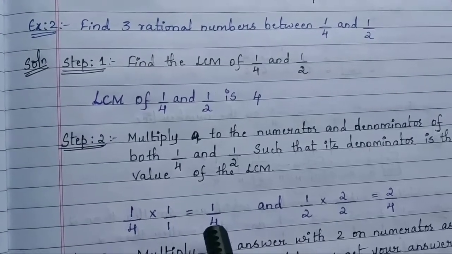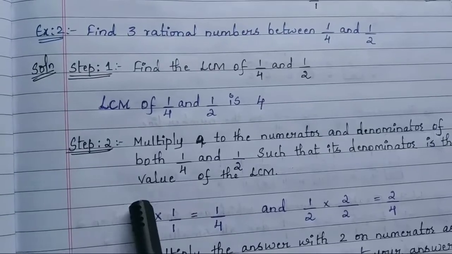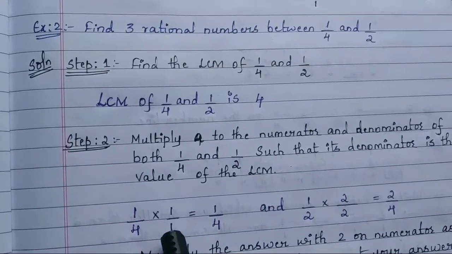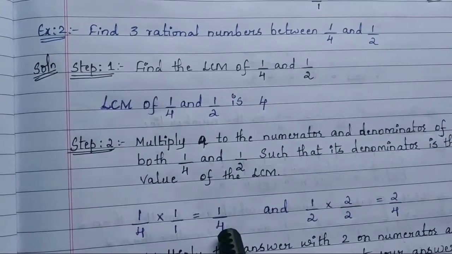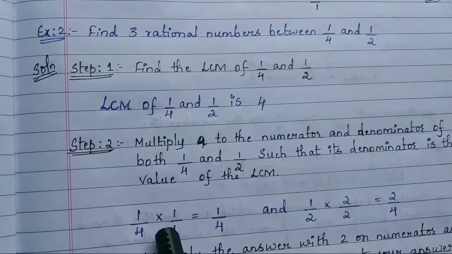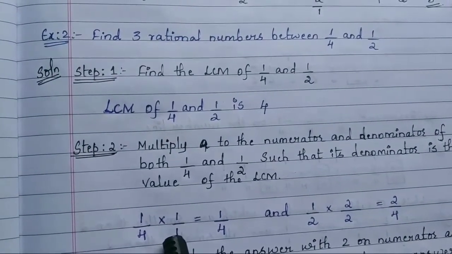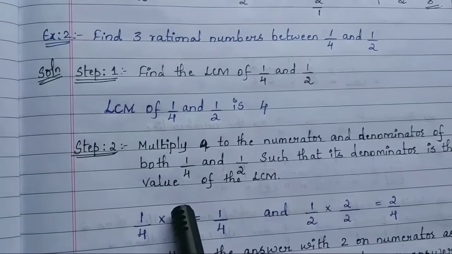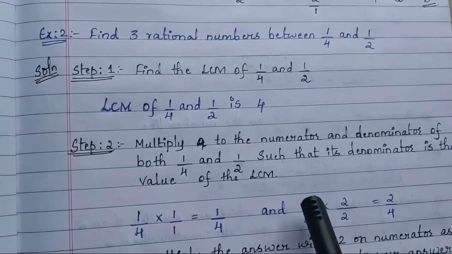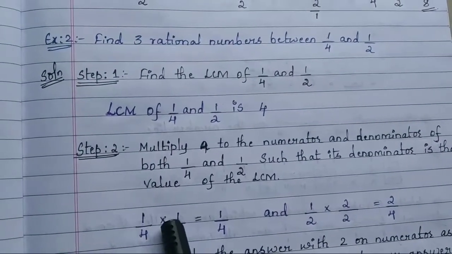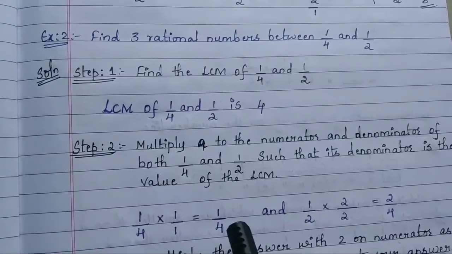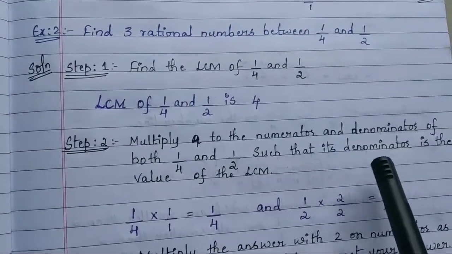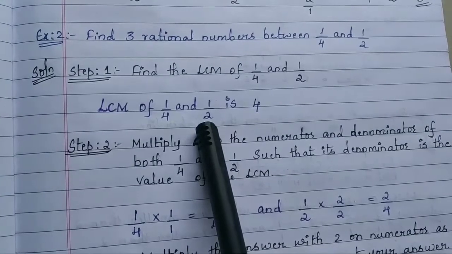You can see 4 is our LCM and our question is 1 by 4. So when we multiply 1 to this 4, we get 4. When we multiply 1 here, the same number you have to multiply to the numerator as well. So 1 into 1 is 1 and 4 into 1 is 4. And one more number is there, that is 1 by 2.